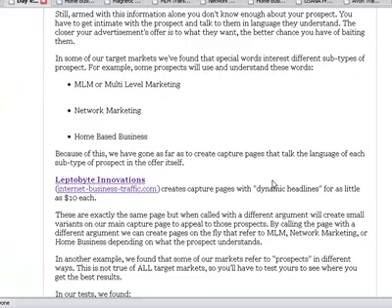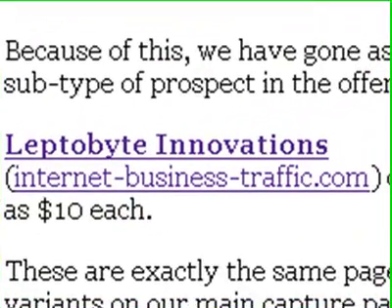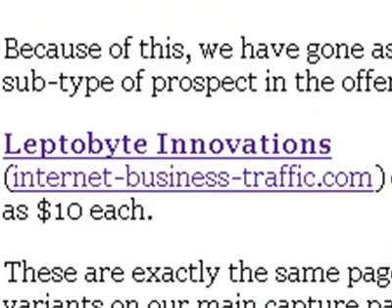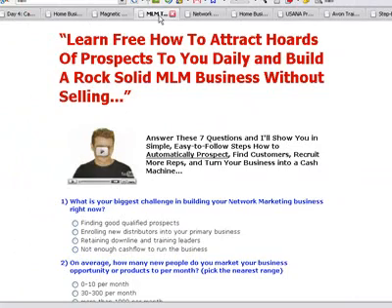We've even gone as far as to hire our partner company, Leptobyte Innovations, to create capture pages for us with dynamic headlines. These are landing pages that are created on the fly depending on an argument that you provide them. And they make small variations on the page itself to make it seem much more personalized to your prospect.